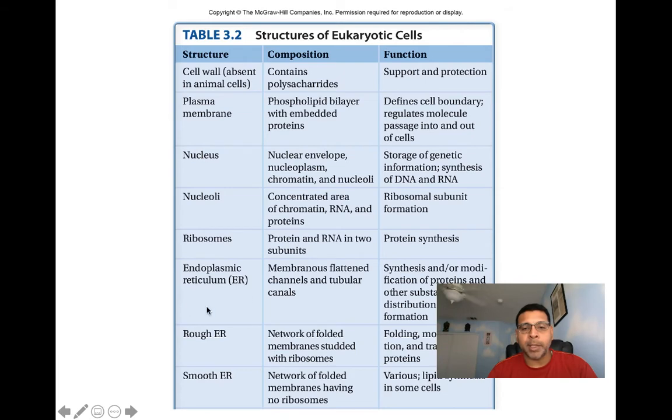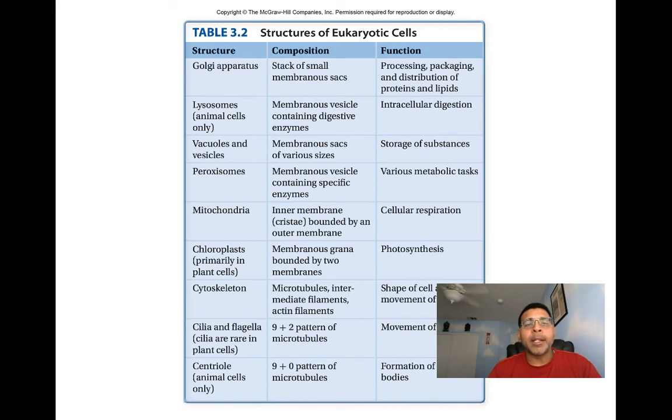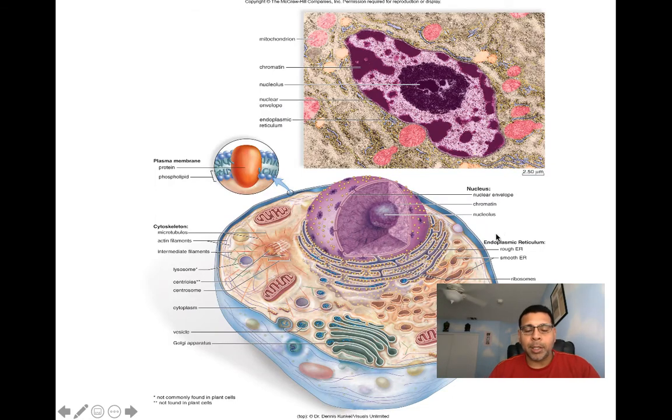Then the Golgi apparatus, lysosomes, vacuoles and vesicles, peroxisomes, mitochondria, and chloroplasts in plant cells, because we'll get into photosynthesis. Then the cytoskeleton, cilia and flagella, and the centrioles.